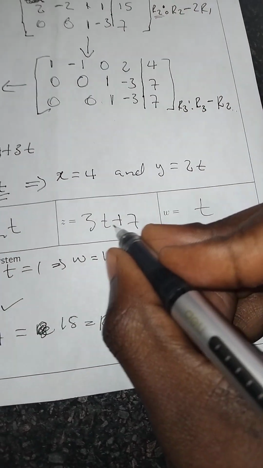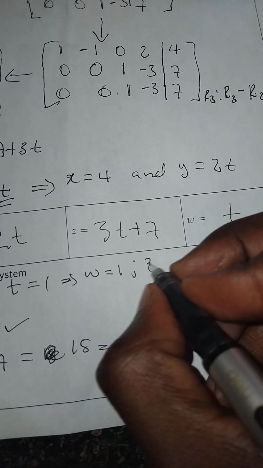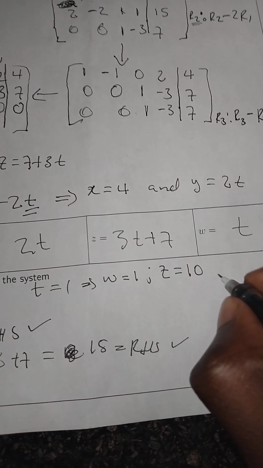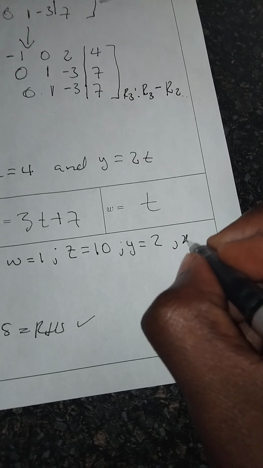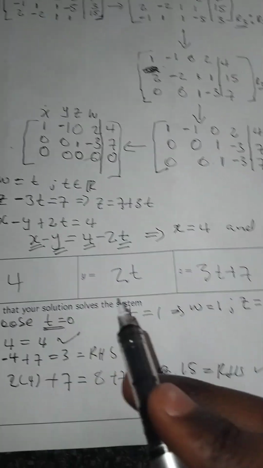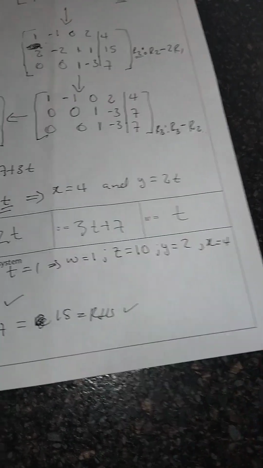If w is 1, then z will be equal to 10, and y will be 2, and x is fixed. We know x is still going to be 4, since x doesn't have any t. So w is 1, z is 10, y is 2, x is 4.